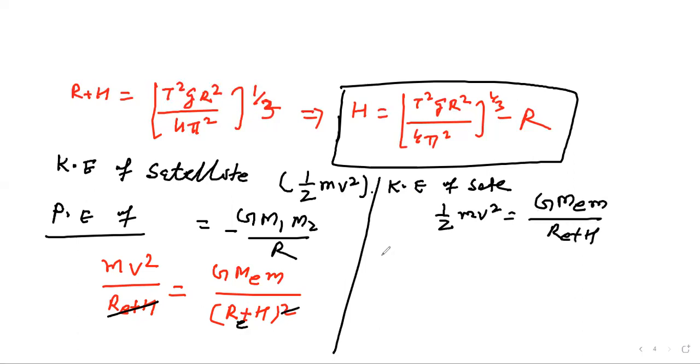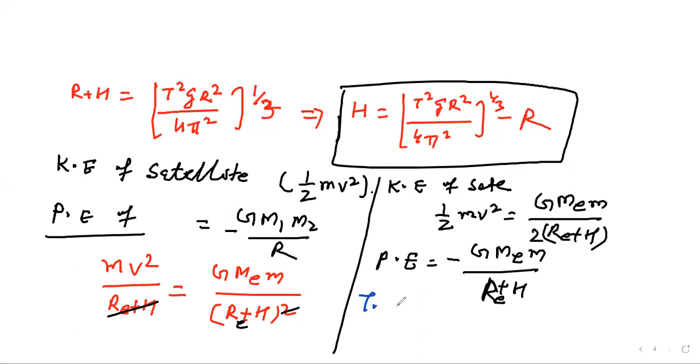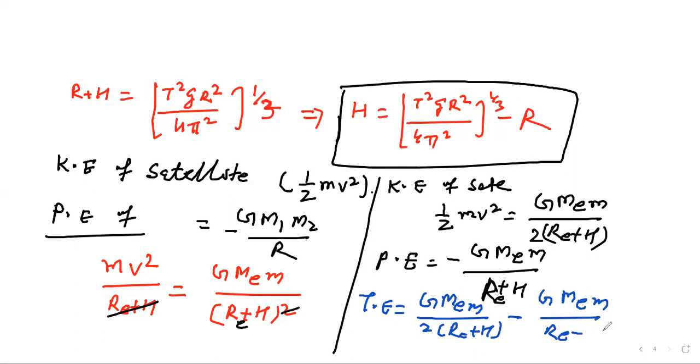This is the kinetic energy, and the potential energy of the satellite is equal to minus G ME m by RE plus H exactly. So what is the total energy of the satellite? Total energy TE equal to G ME m by 2(RE plus H) minus G ME m by (RE plus H).